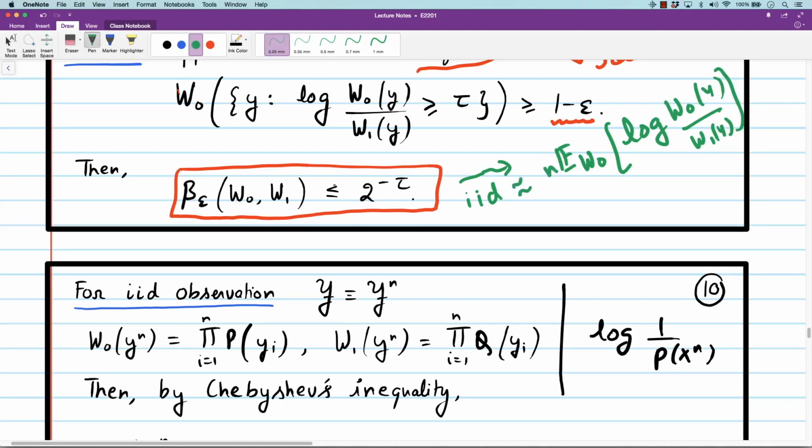So this probability of error goes to 0 very fast in n. It's exponential in n, and the exponent is this guy.